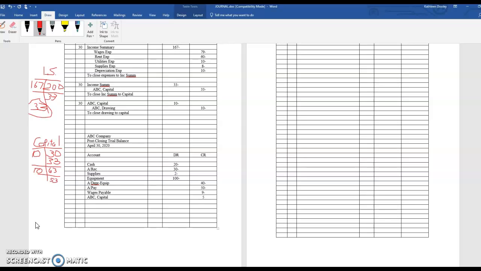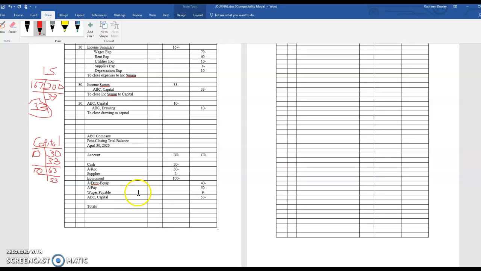So 53 credit is the new balance that should be in your capital account. That should match your statement of owner's equity that we did back in the financial statement section, and it should also equal the general ledger. Once you have the adjusting and closing entries posted, you should be able to look and see a running total balance of 53 credit.